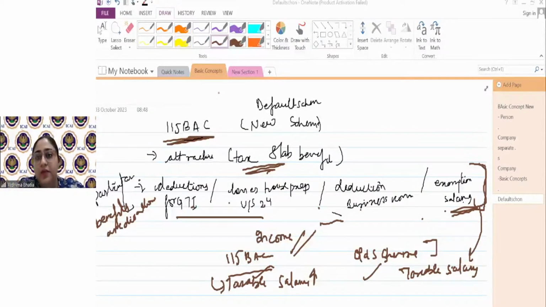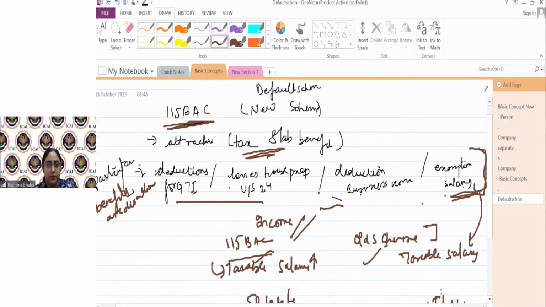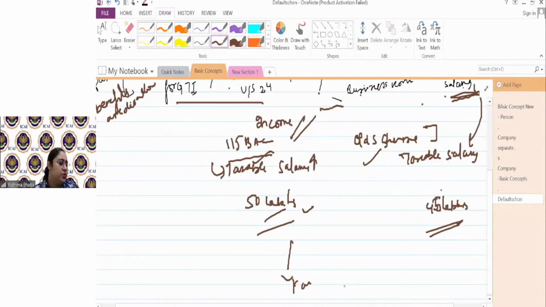It's a section name, 115 BAC. 115 BAC is applicable for all individuals, all HUF, all AOP, all BOI, irrespective of whether they are resident or non-resident. Age does not matter.